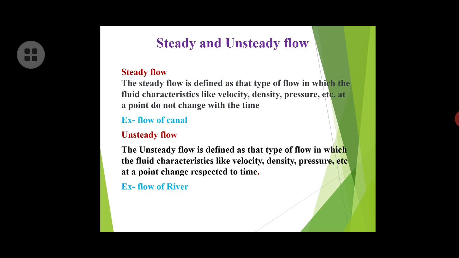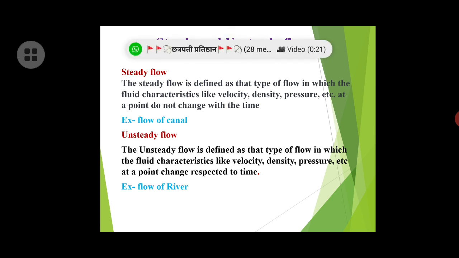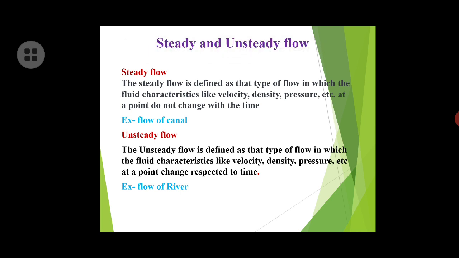So unsteady flow means the flow characteristics change with time. Flow through a river is the example. Write down steady flow and unsteady flow.